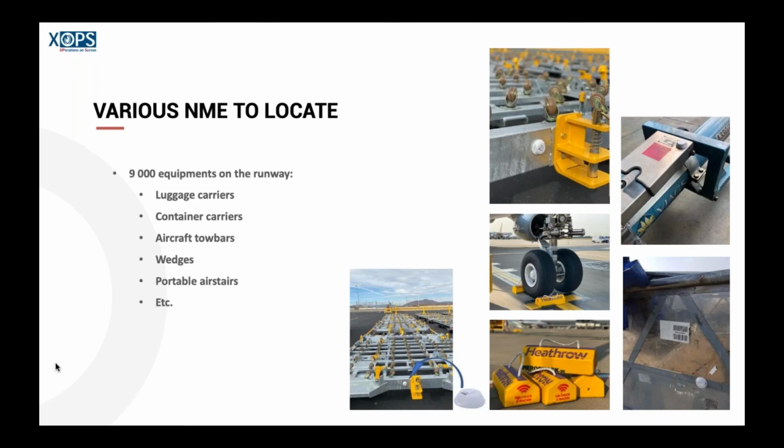This is the system to stop the aircraft, block the aircraft, and then we integrate the puck inside the chocks, and then the airport is certain that they have enough chocks on all the parking stands when an aircraft arrives, because if you don't have chocks in front of the wheel, you cannot disembark the passengers.